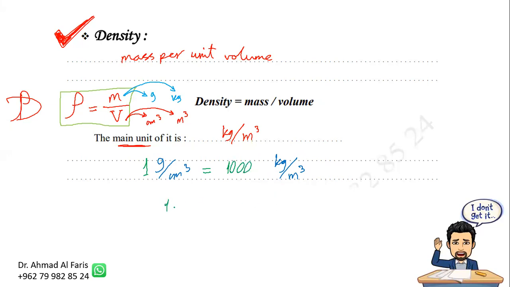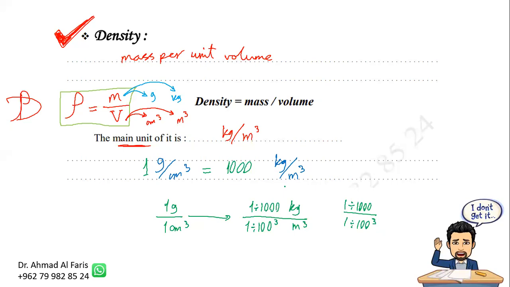If I want to convert 1 gram divided by 1 centimeter cube into kilogram, what will I do? 1 divided by 1,000, right? If I want to convert from centimeter cube to meter cube, I divide by 100 cubed. Use the calculator: 1 divided by 1,000 over 1 divided by a million, which is 100 cubed, and the answer will be 1000.